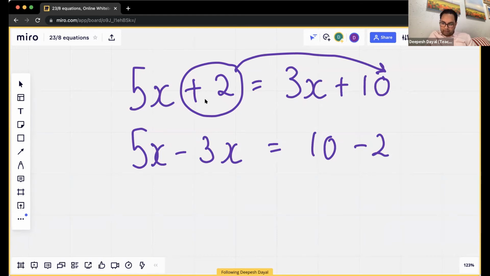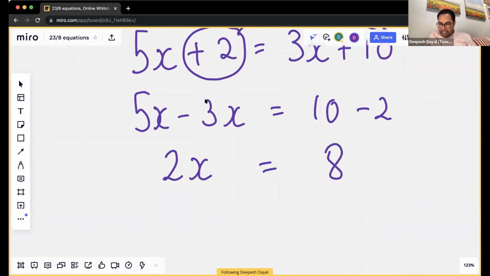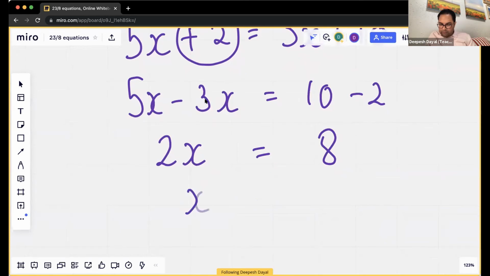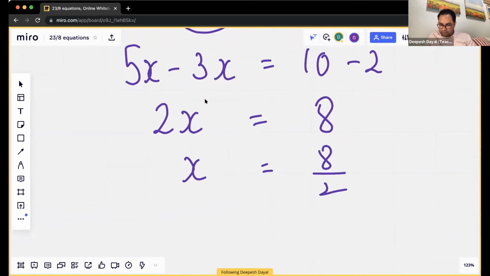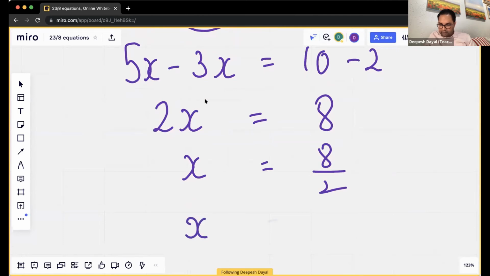Gives me 2x. Equals 8. And then you're going to say 8 divided by 2, which gives you 4. Is that right? Yes, sir. Yes, well done, everybody.